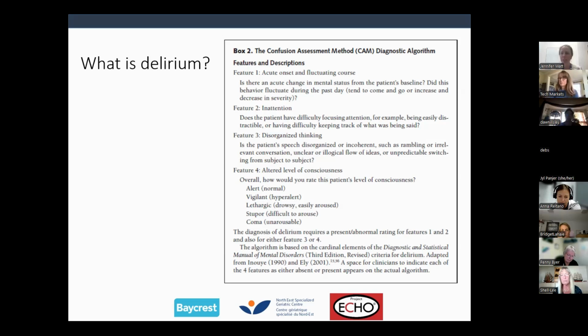But there are also formal tests of inattention that we can use. Things like asking a person with dementia to say the days of the week backwards or months of the year backwards, assuming they were able to do that when they were last well, because some people, if their dementia is advanced enough, can't do that. But in other people, it works well.